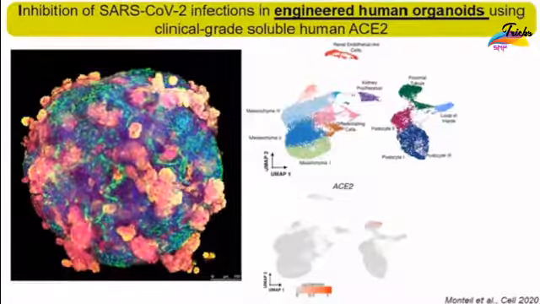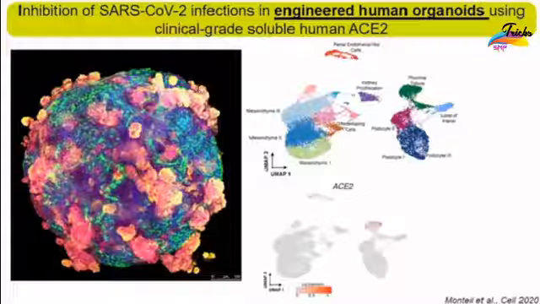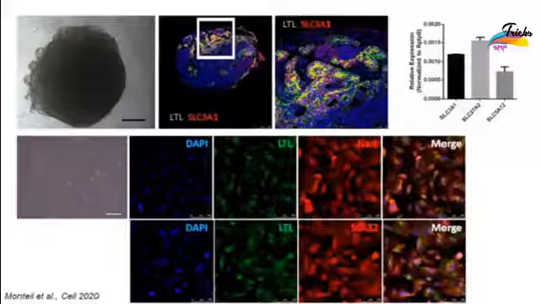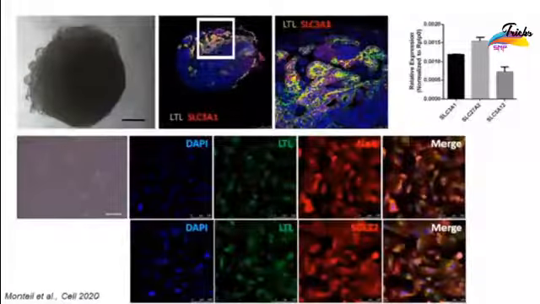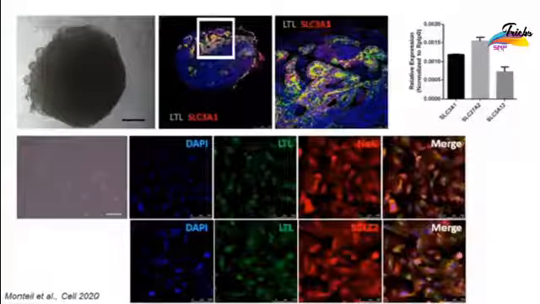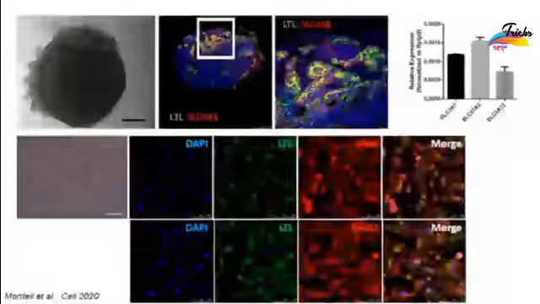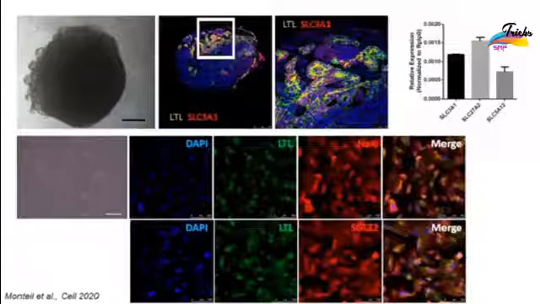When we were completely sure that our protocol sustained the derivation of kidney organoid cultures, we ascertained the expression of other important tubular markers such as SLC3, and we also extracted cells from kidney organoids by using Lotus tetragonolobus lectin and put them in culture.